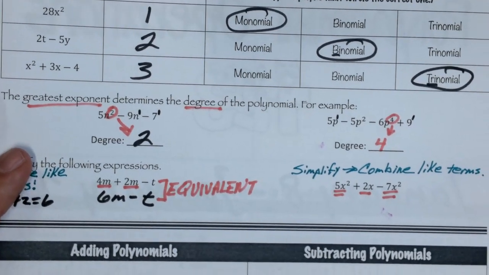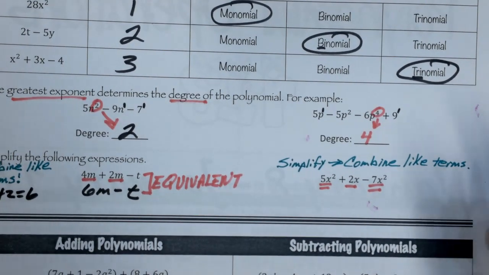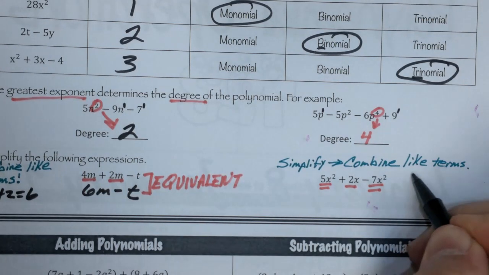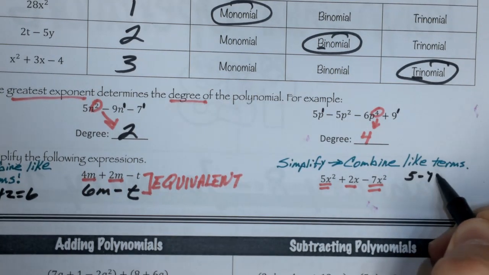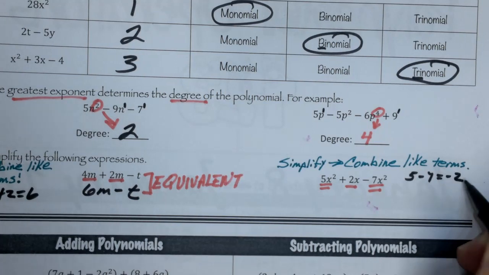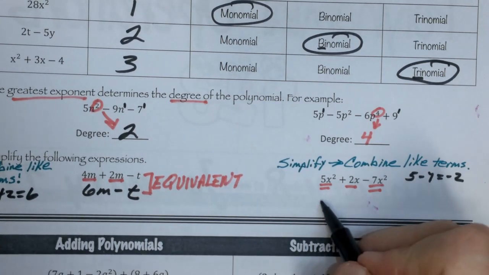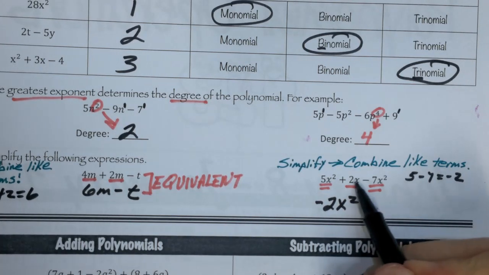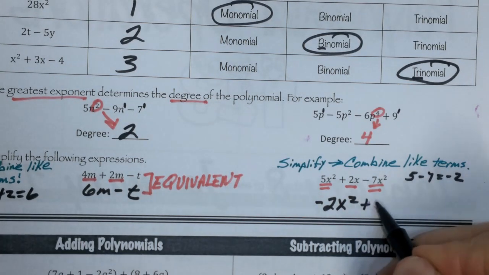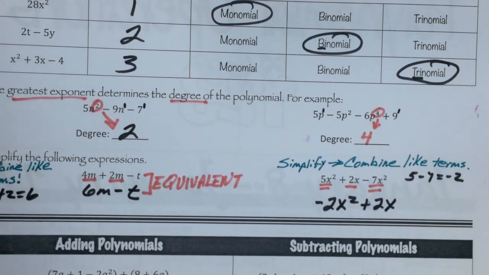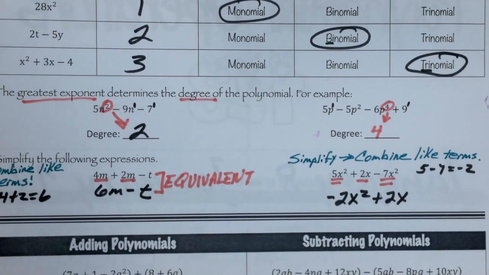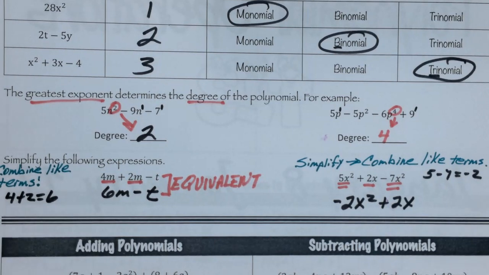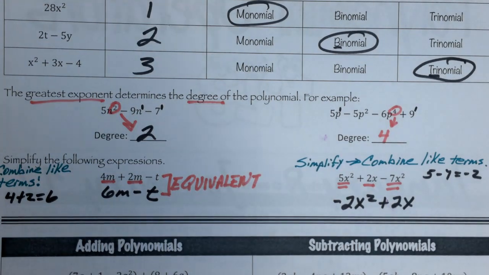To do that, I go 5 minus 7, which gives us negative 2. So this will be negative 2x squared. There's nothing to combine with the 2x, so it'll just be plus 2x. Alright, that's the basics for simplifying polynomials.